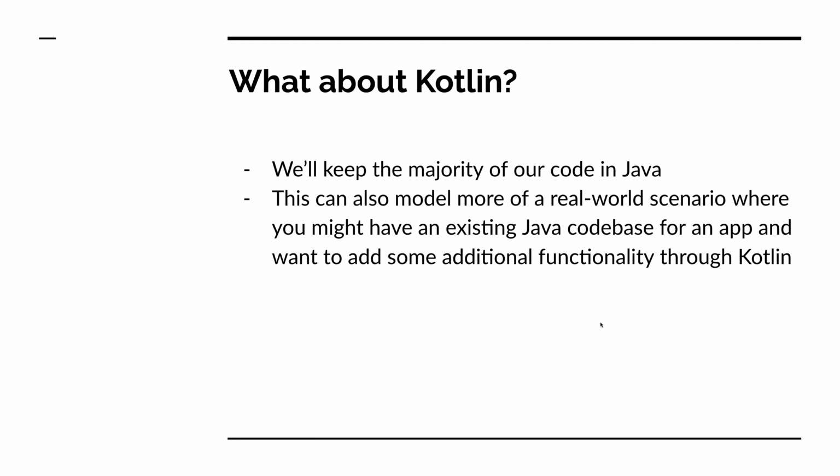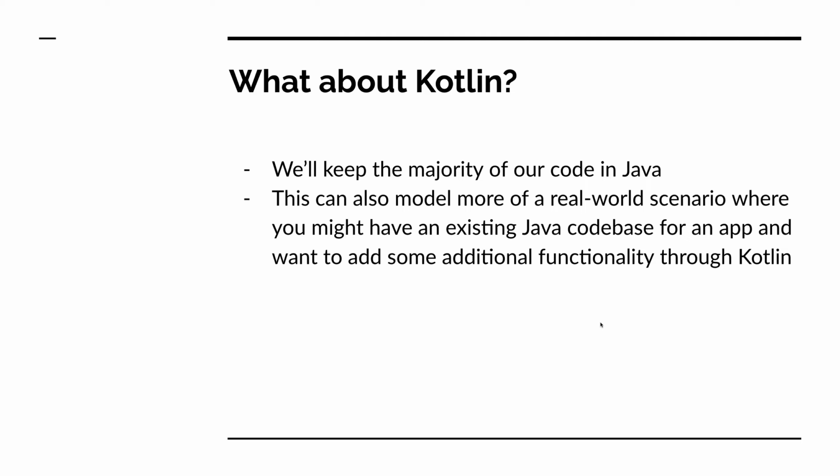So for the purposes of what we'll be doing over the course of these next lectures, we'll stick with Java. That said, given how heavily Google does emphasize certain aspects of the code being written in Kotlin, and it does simplify certain problems with concurrency, we will write small sections in Kotlin, but primarily the business logic will be written in Java.